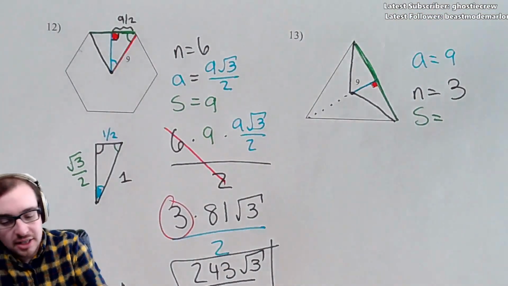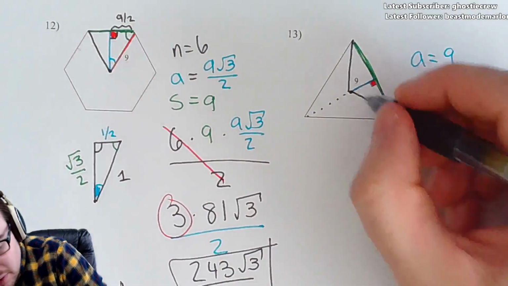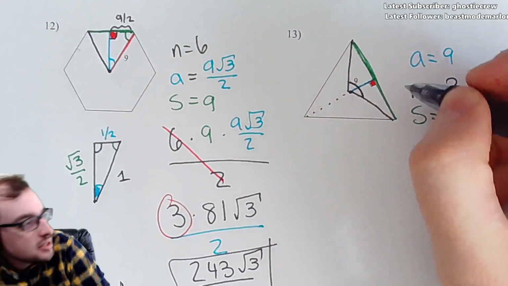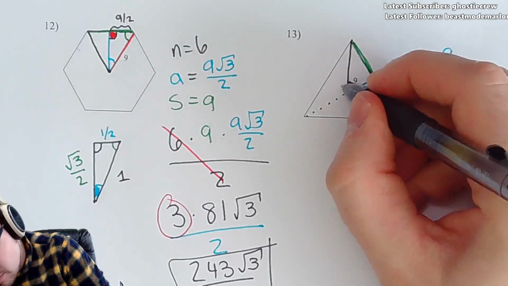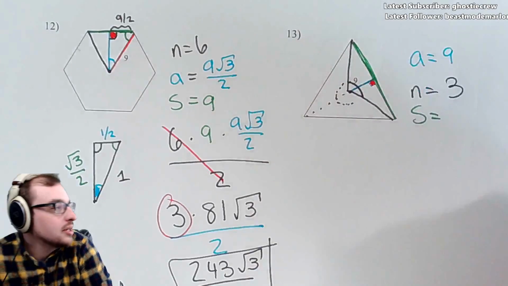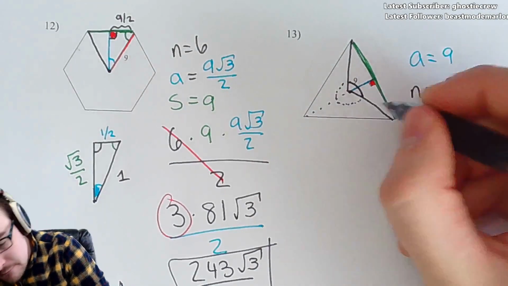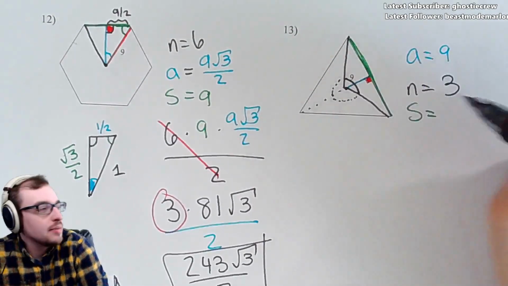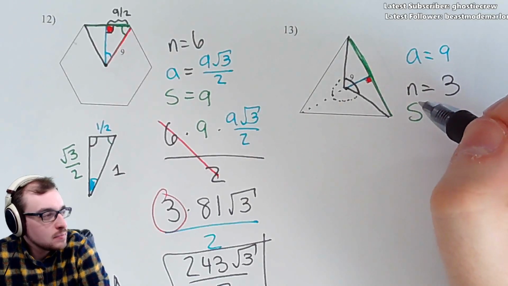Well, we need to figure out what kind of special triangles are here. This angle right here all the way across, that's one of 3 of these angles, right? 1, 2, 3. So 360 divided by 3, we're going to get 120.